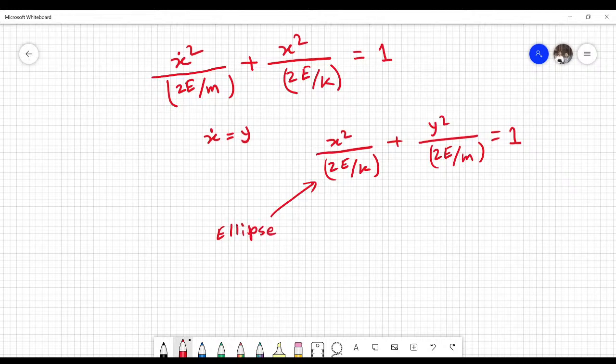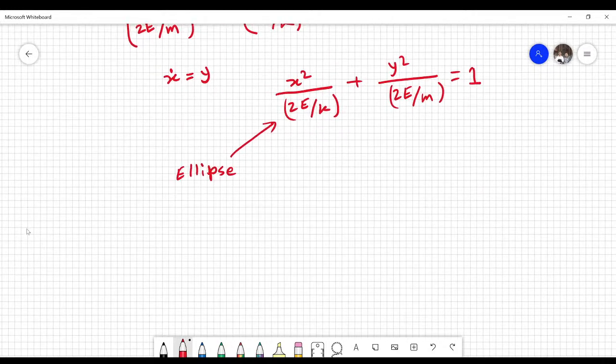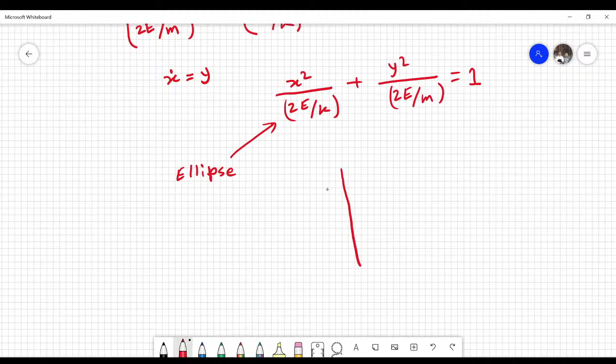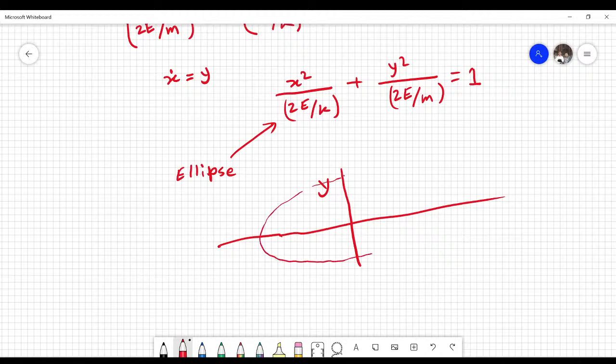So if we plot y versus x, so velocity versus position, we'll have something like this. Where this intercept on the y-axis is going to be square root of 2E by m, and this x-intercept is going to be square root of 2E by k, like that.